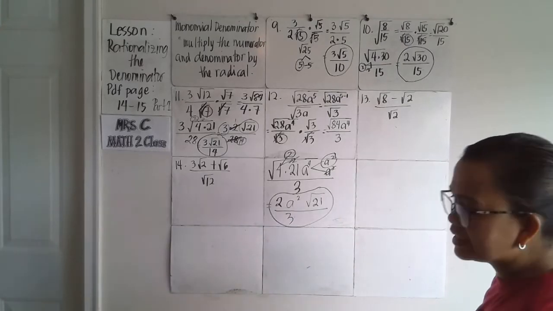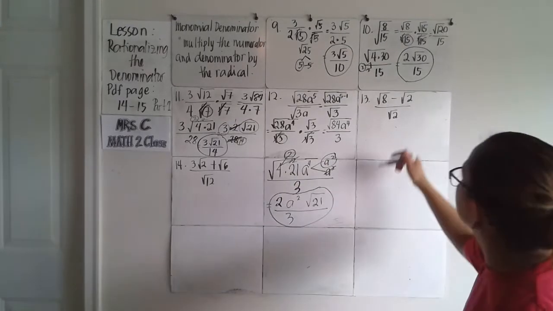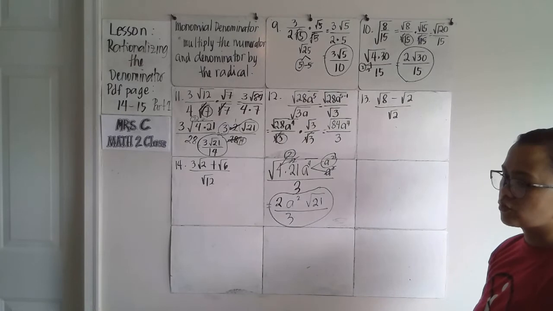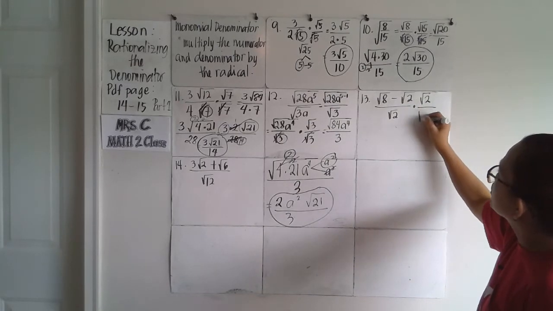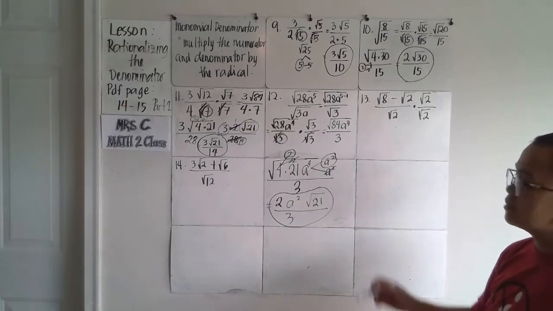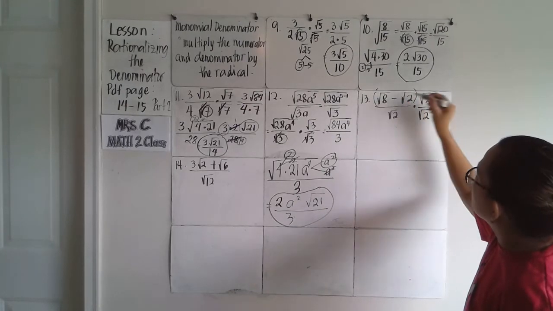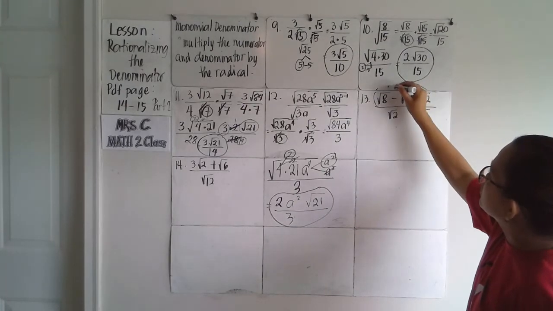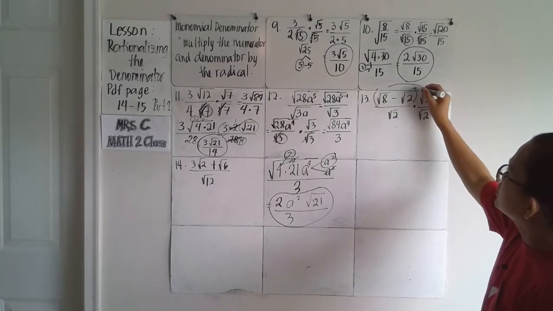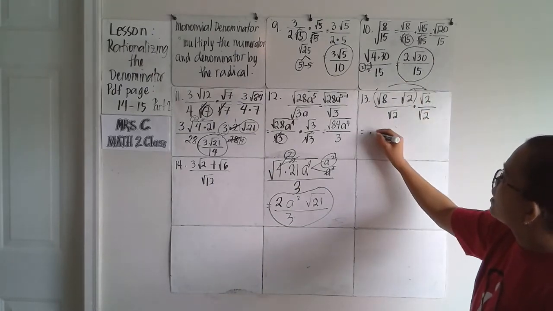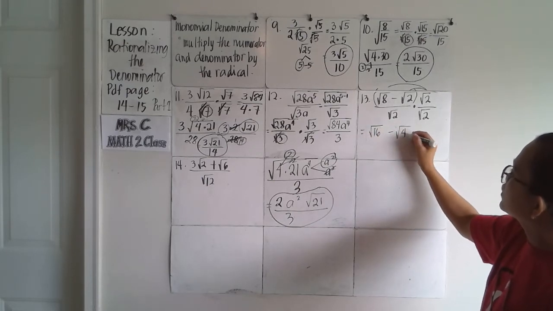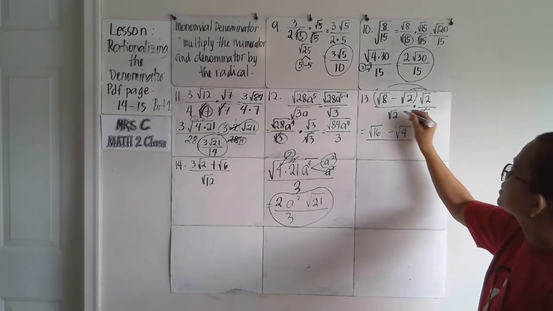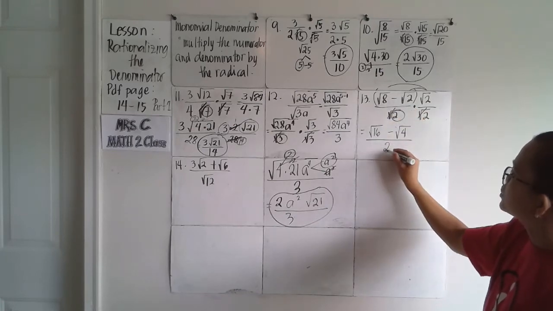Next, number 13. We have 8 minus square root of 2, divided by square root of 2. So multiply by square root of 2, multiply by square root of 2. This time, since we're multiplying a binomial by a monomial, we need to distribute. So we will have square root of 16 minus square root of 4 over, cancel, take 1, that's 2.